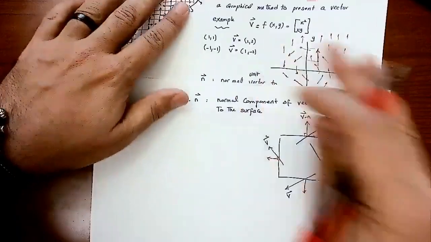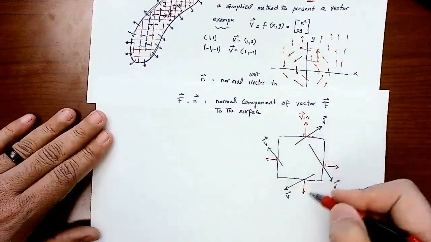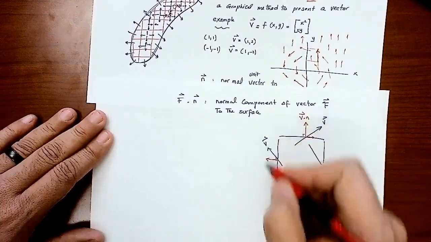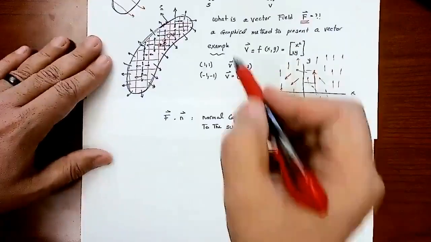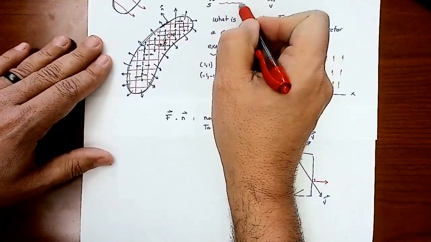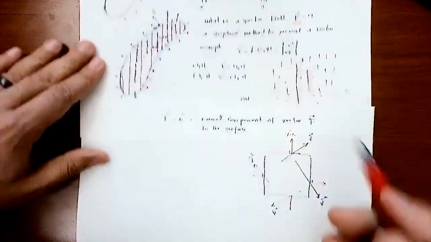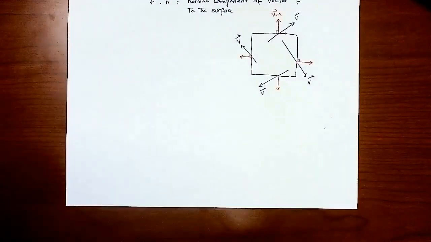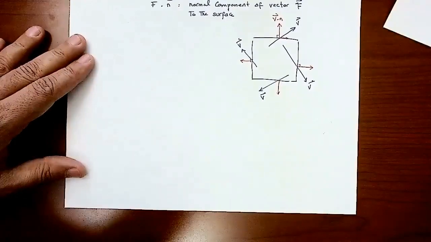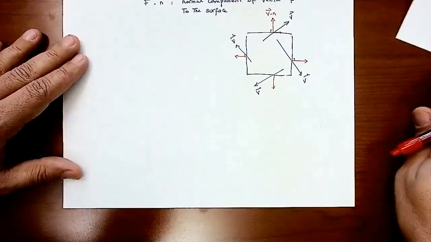That's why F dot n will give me that normal component of that vector over the entire surface. So that's the mathematical representation of F dot n. Okay, that's the component that's normal to the surface, so we can use that in the divergence theorem.